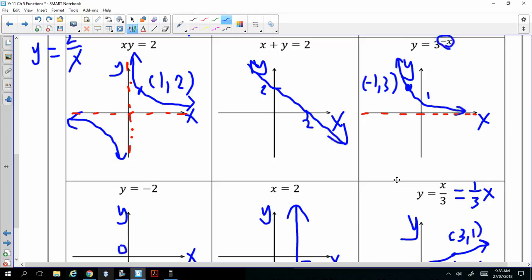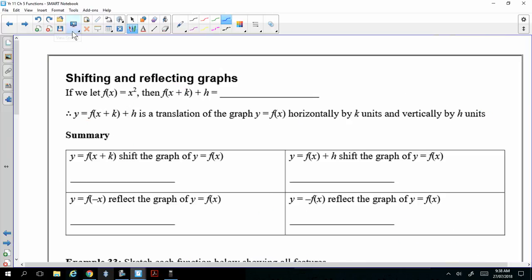Now, we need to know how to shift and reflect graphs. Okay, so we need to know that this plus k shifts k units. Oh, hang on.